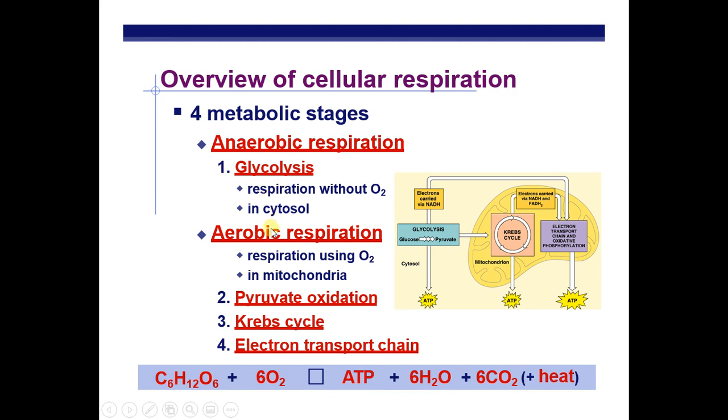And we're going to talk about the aerobic parts, the ones that require oxygen, like pyruvate oxidation, the Krebs cycle, and the electron transport chain. So we're breaking down this whole equation for cellular respiration in 3 parts. This is a diagram that can help you figure out what we're going to do. We're going to talk about this part first and these parts second.